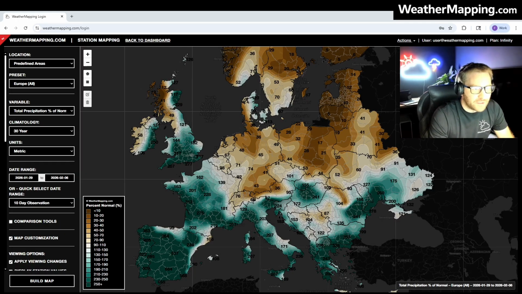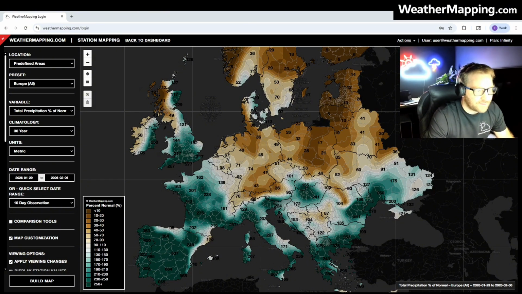Moving into Central and Eastern Europe, that signal remains predominantly dry. Countries across this zone, Germany, etc., are showing widespread below normal precipitation, often between 20 and 60% of normal. This points to a broad suppression of precipitation rather than isolated dry pockets.